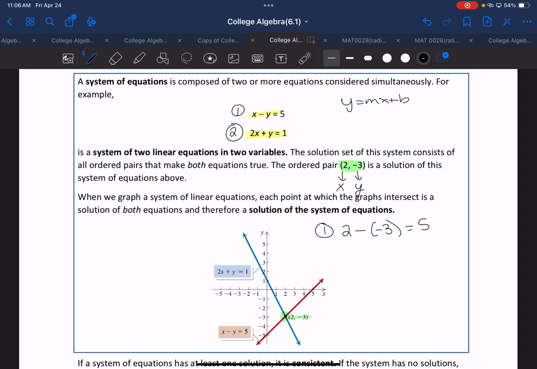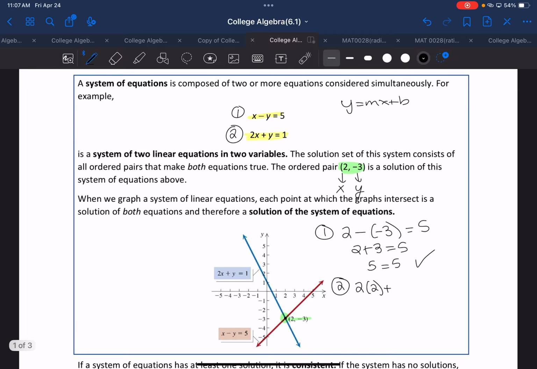And that changes to 2 plus 3, which is 5. So that is true for the first equation, but it's also true for the second equation. If I plug in 2 for x into the second equation, that would give me 2 times 2 plus y, which is -3. So this would be 4 minus 3, which is 1. So that also makes the second equation true as well.